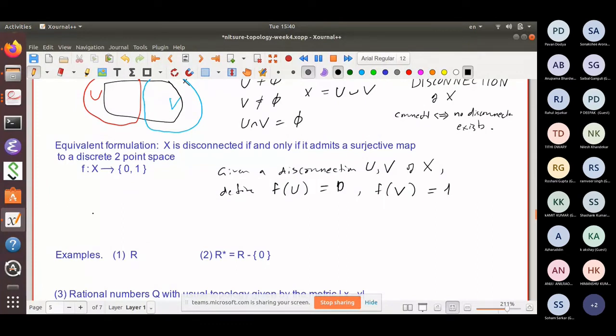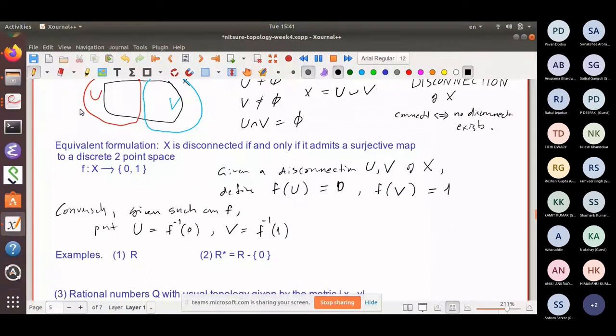So I produce this. Conversely, given such an f, put U equal to f inverse 0 and V equal to f inverse 1. Why are these disjoint? Because how can the image be both 0 and 1?